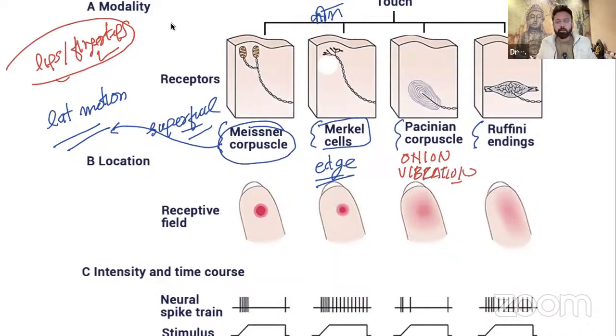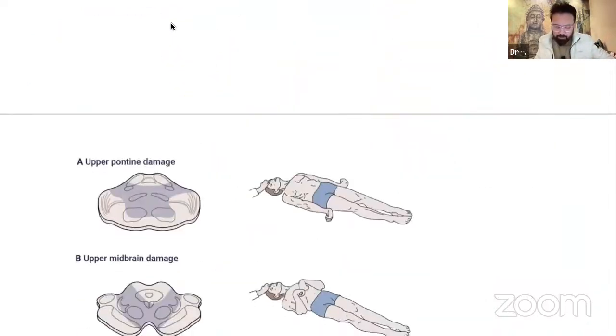Remember like that. Meissner's, lateral motion. Merkel, edge, tip. And Ruffini is for constant pressure and stretch. If someone is stretching your hand like this, putting some constant pressure, who is involved, doctors? Tell me. It is Ruffini ending. Okay, so these are the four receptors.